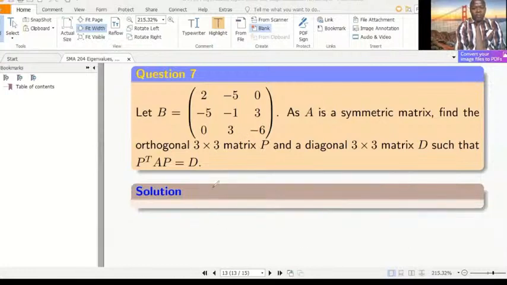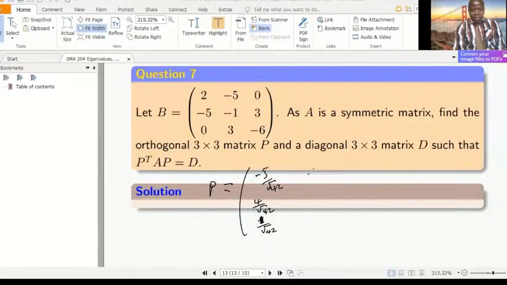So when I do that, I found that P would be: -5 out of root 42, 4 out of root 42, and 1 out of root 42. Remember this one was -5, 4, 1.